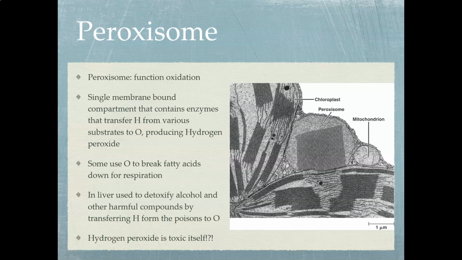They also contain enzymes similar to what we would see with a lysosome, but these enzymes transfer hydrogens from various substrates to oxygen, and they end up producing hydrogen peroxide as a result of that. So some of the breakdown of fatty acids uses that oxygen. When we talk about drinking excessive alcohol, alcohols contain oxygens and hydrogens, so they transfer them to creating that hydrogen peroxide.